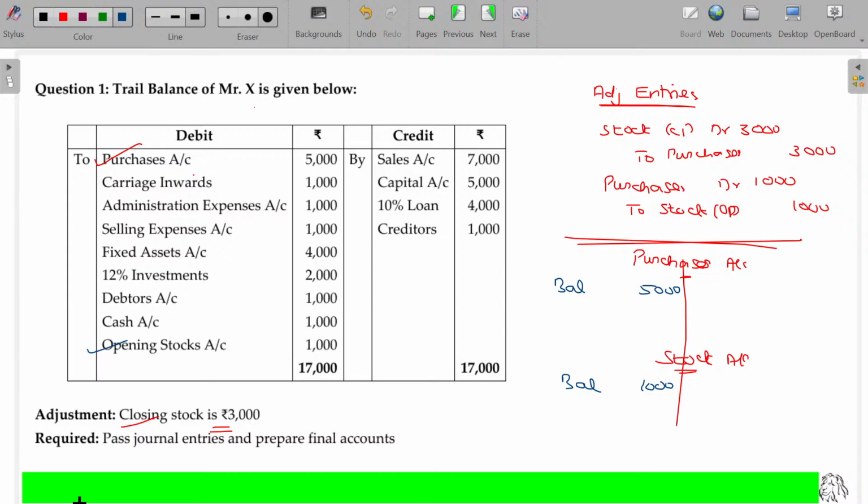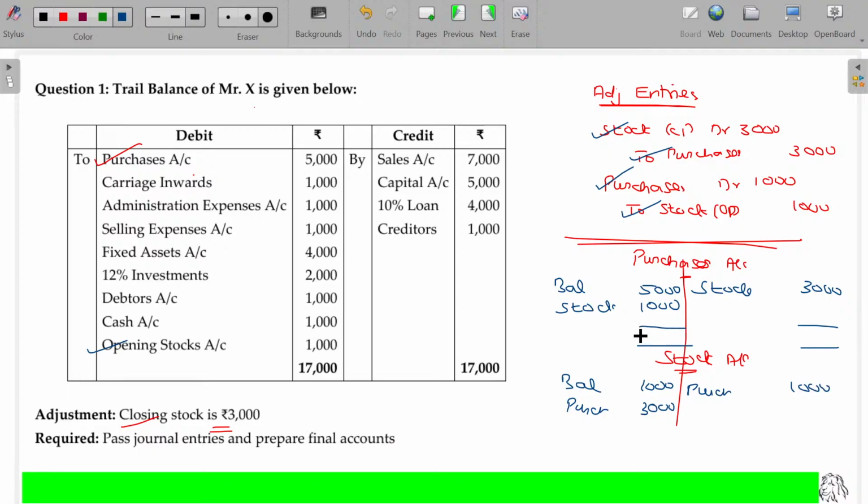Now we have passed two adjustment entries. I am going to post these in the concerned ledger accounts. Stock account. In stock, to purchases, the value being 3000. Here purchases to stock, the value being 1000, and here stock will be posted here, purchases 1000.